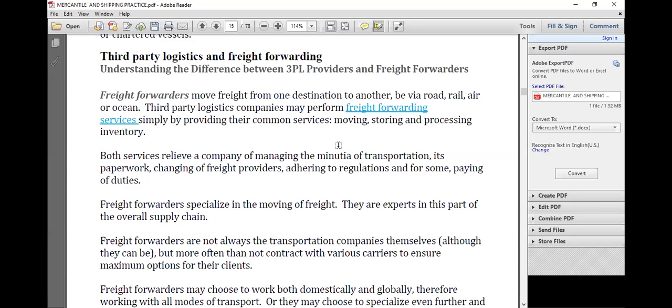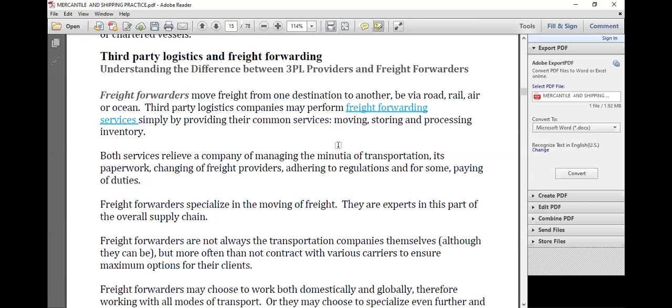the slightest difference here is that the freight forwarders, they move the freight from point A to point B, either via road, via rail, via air, or ocean. But the so-called 3PL, they perform freight forwarding services simply by providing their common services, moving, storing, processing.